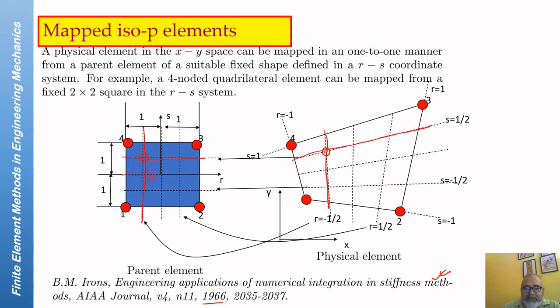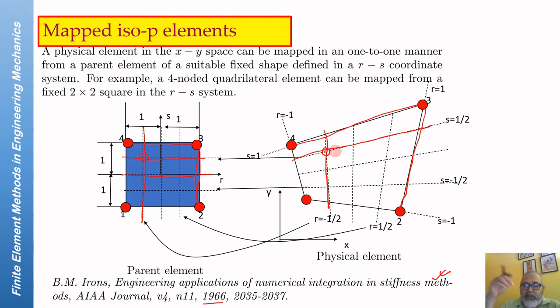This line is s equal to 0, and this line is s equal to 1. So this forms the edge of the element, and this forms the edge of the element as well. The top edge of the physical element is the map of the top edge of the parent. The right edge of the physical element is a map of the right edge of the parent element. So this is for a four-noded quadrilateral.